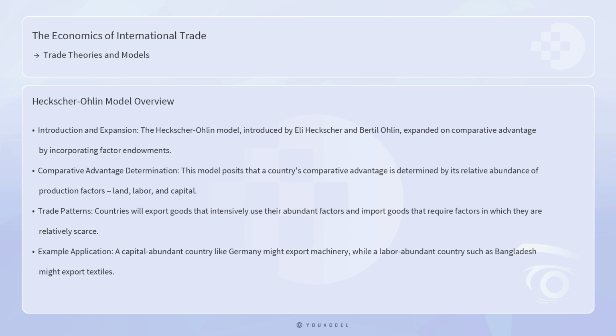Countries will export goods that intensively use their abundant factors and import goods that require factors in which they are relatively scarce. For example, a capital-abundant country like Germany might export machinery and automobiles, while a labor-abundant country such as Bangladesh might export textiles and apparel. This model underscores the role of resource distribution in shaping trade patterns.